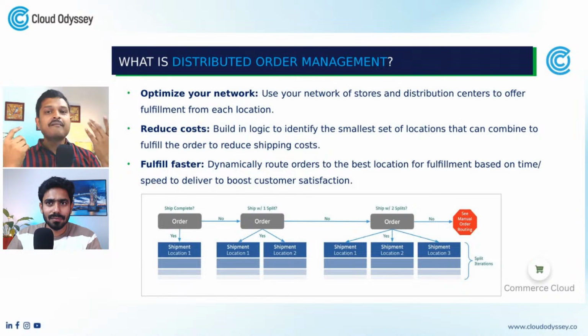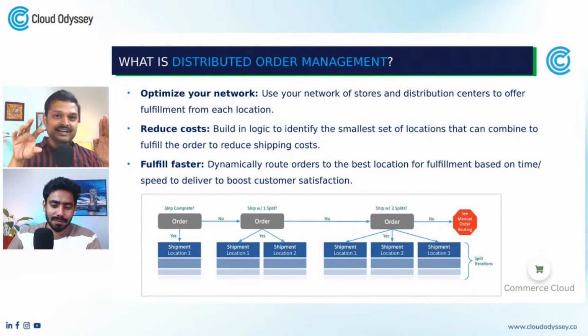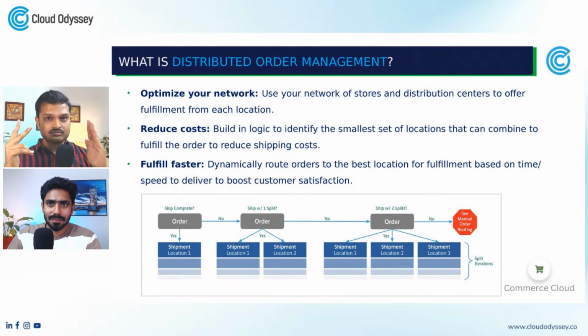For example, you have placed an order with 10 items. First it will check if all these 10 items can be fulfilled by one location. If not, then it will try to split your order into two and see if those orders can be fulfilled by at least two locations.